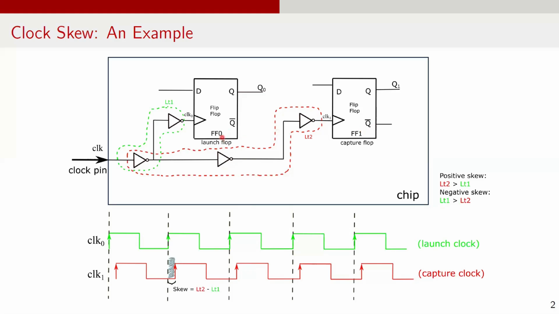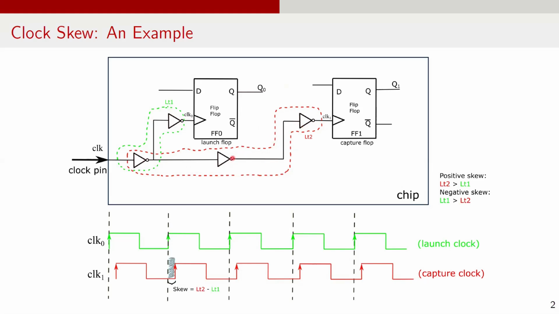If we assume FF0 has a latency of LT1 and FF1 has a latency of LT2, the clock skew is LT2 minus LT1. The path with latency LT1 contains two inverters, while the path with latency LT2 contains three inverters.